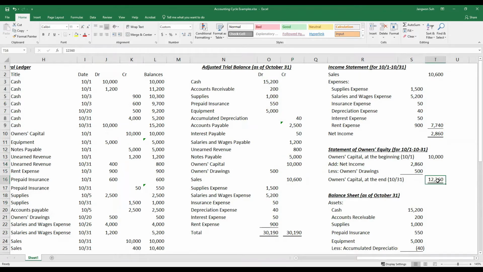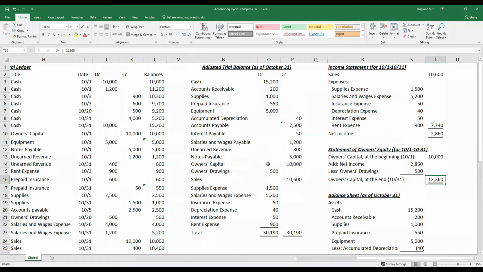We know that the ending balance should have been 12,360, but here owner's capital is a beginning balance. Wow, that sounds not consistent, right? Then, how can we update this owner's capital to the ending balance? Okay, that's one question.